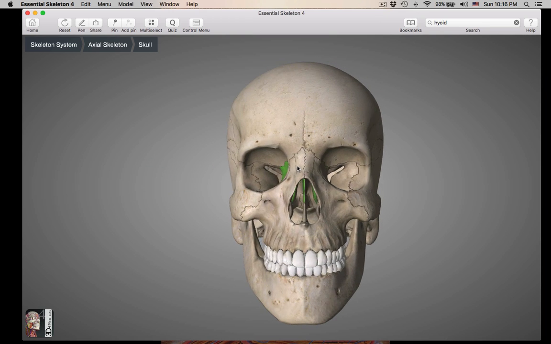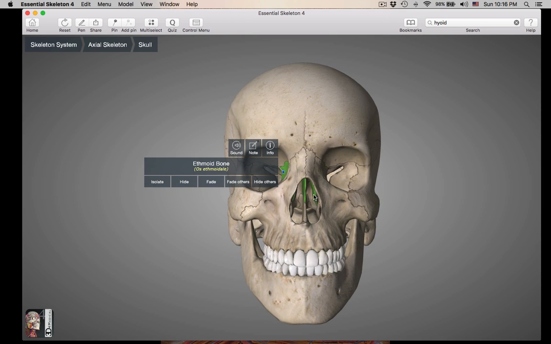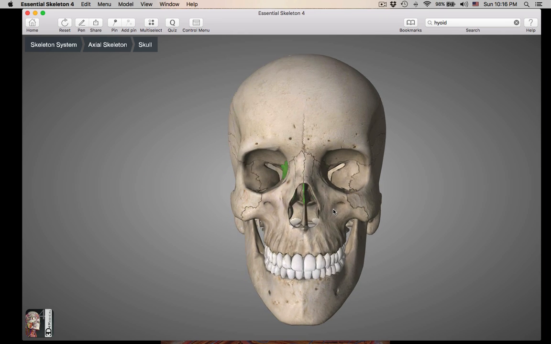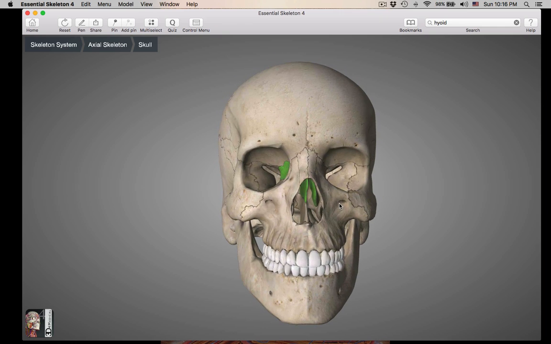So the ethmoid bone. This is what we're going to look at, the landmarks that you can see from an external view. The first thing that you're going to see is this guy. If you look inside the nose, we're going to have something called a nasal septum. A septum is something that's going to divide another structure into two parts.